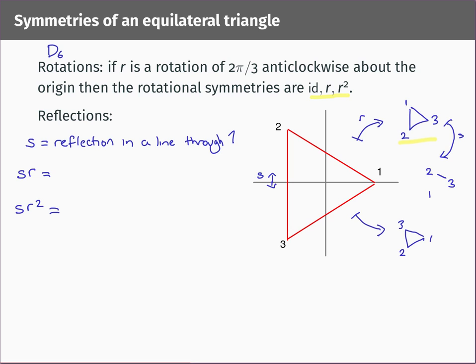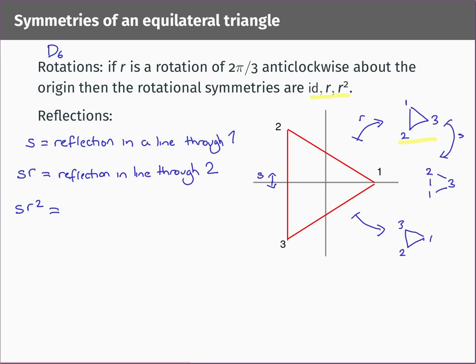So it will look like this triangle here. If you look at it, that is what you would get if you reflected in a line through the vertex 2 and the origin, because 2 would stay fixed and you'd swap 1 and 3, and that's exactly what's happened in this picture, illustrating what happens when we do R then do S. So this is reflection in a line through 2 and the origin.